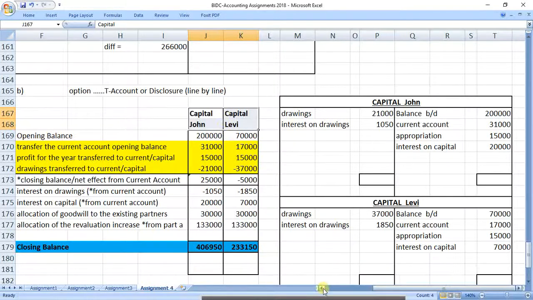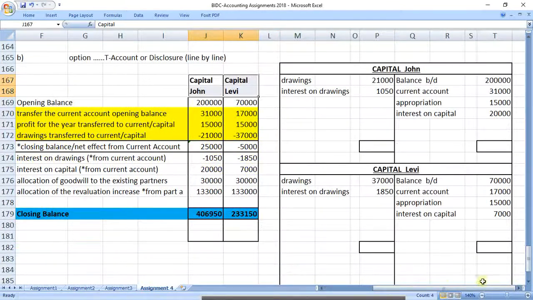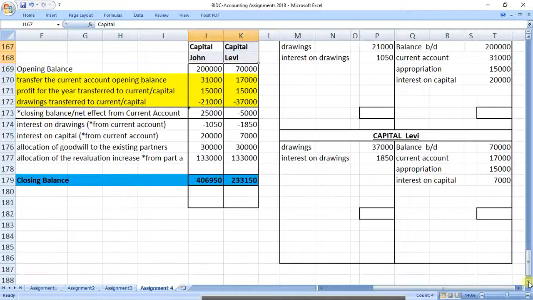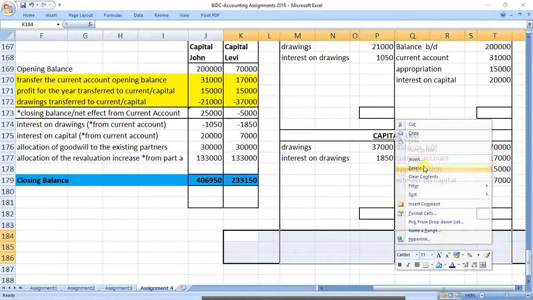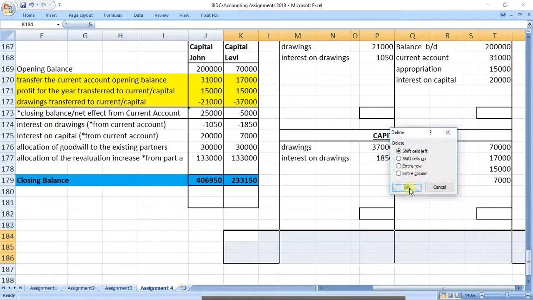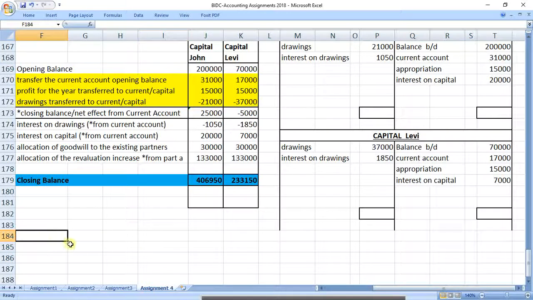Okay, let's look at C. Okay, what does C1 ask for?